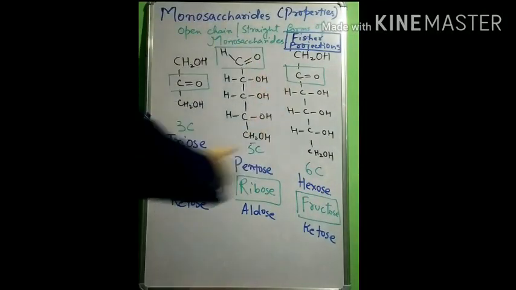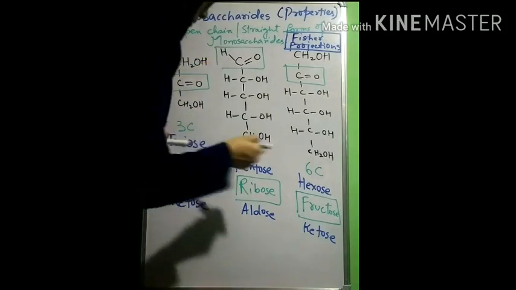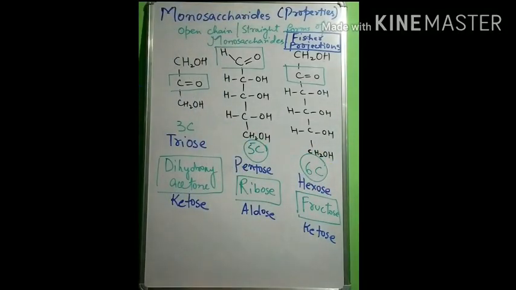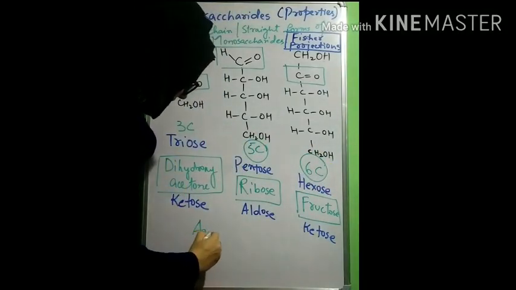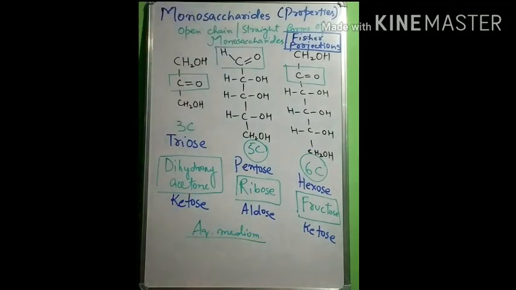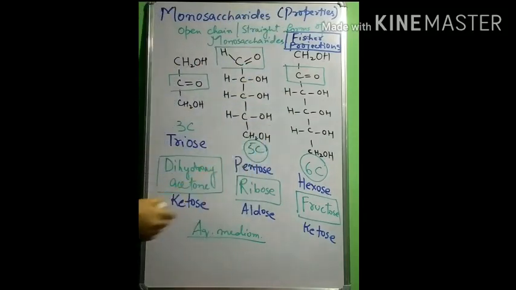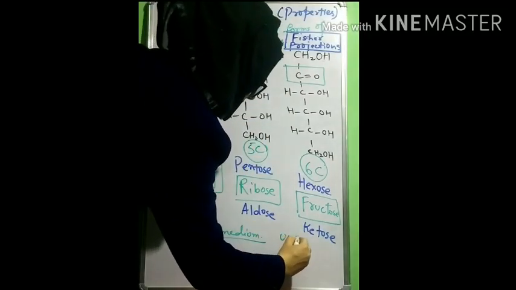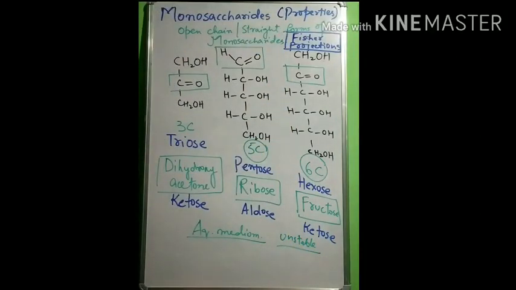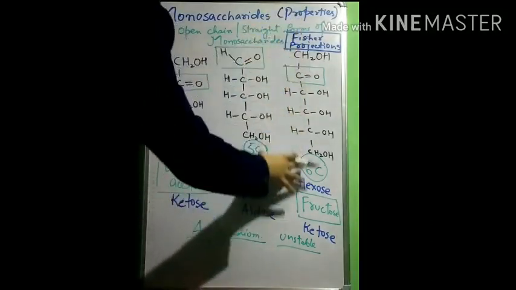So we did a lot of practice over here. There's one more thing about 5 carbon and 6 carbon monosaccharides. I'm talking about aqueous medium, wherever water is present. In aqueous medium, these conformations, these open chain forms, are actually unstable. When you find these monosaccharides in aqueous medium, you will not find them in open chain forms.